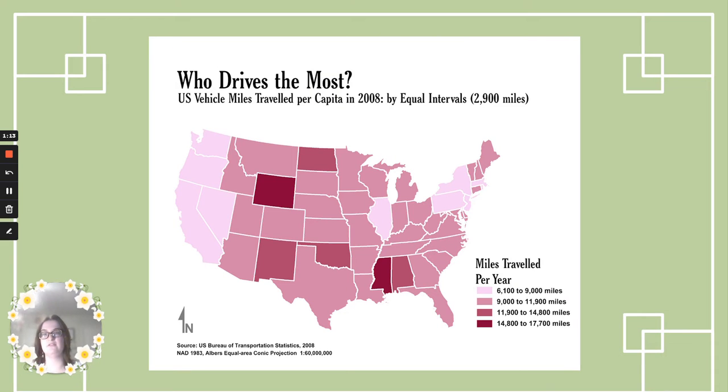The example we have here is a thematic map covering what states drive the most in the United States. As we can see here, Wyoming and Mississippi are clearly the two that have been driving the most. Using thematic maps is an easy way to depict these sorts of data.